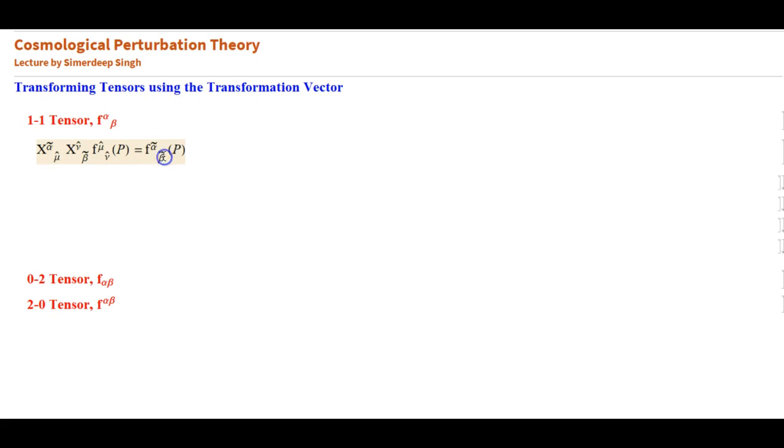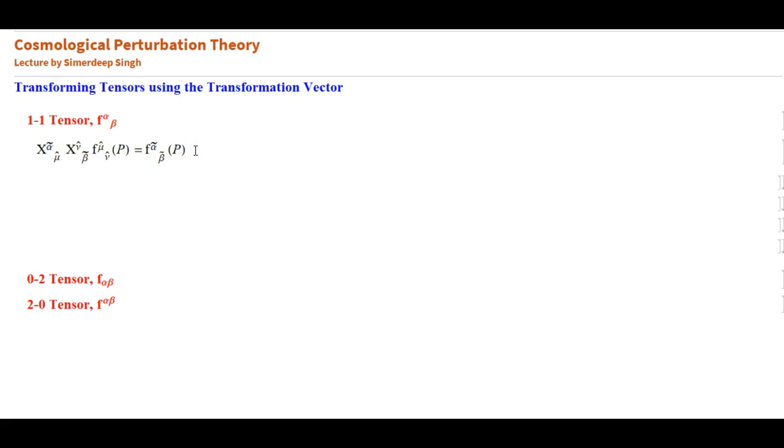Tilde is our gauge 2, caret is our gauge 1. And how do you come from this to this? By applying this transformation, you arrive from gauge 1 to gauge 2, and all of this transformation is happening at one point P.